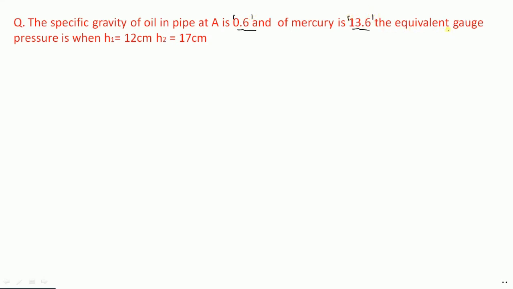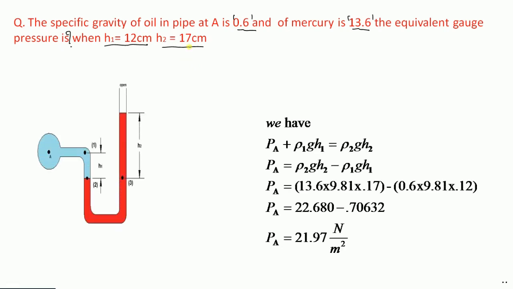The equivalent gauge pressure is what when H1 is equal to 12 centimeter and H2 is equal to 17 centimeter. So we have a gauge and here they are given that we have H1 as 12 centimeter and H2 as 17 centimeter.